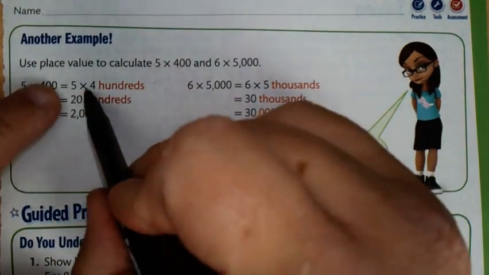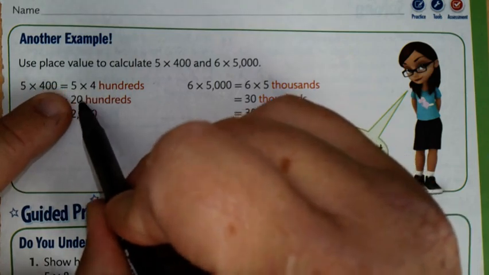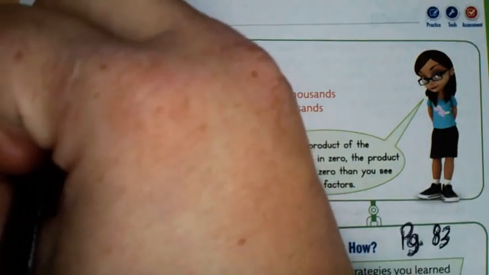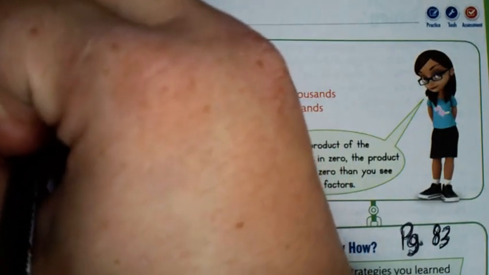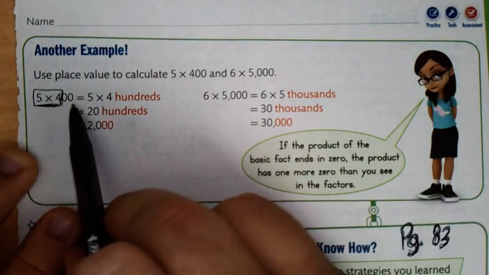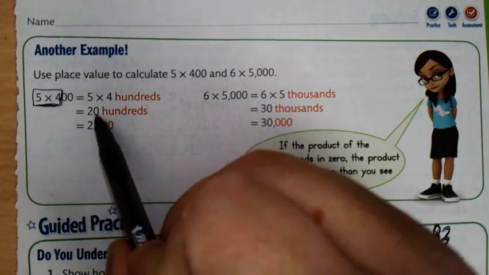So what does that mean? Well, that means we could do 5 times 4, and 5 times 4 equals 20. We just focused on the numbers right here that were not zeros. 5 times 4. They're not 0 numbers because the zeros are at the back end. 5 times 4 is 20.